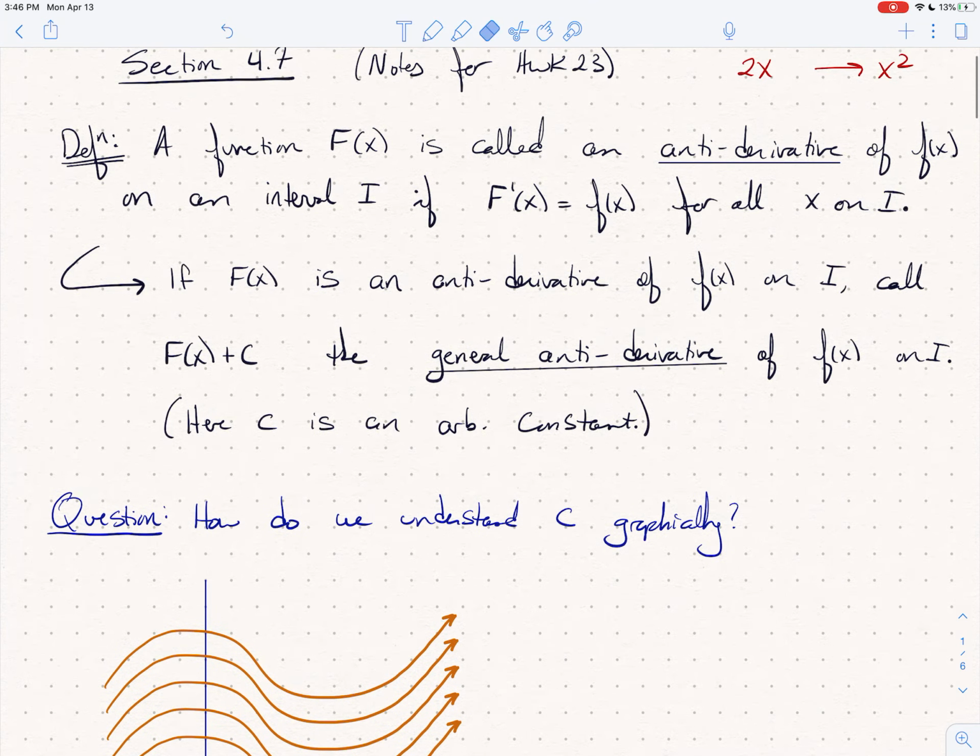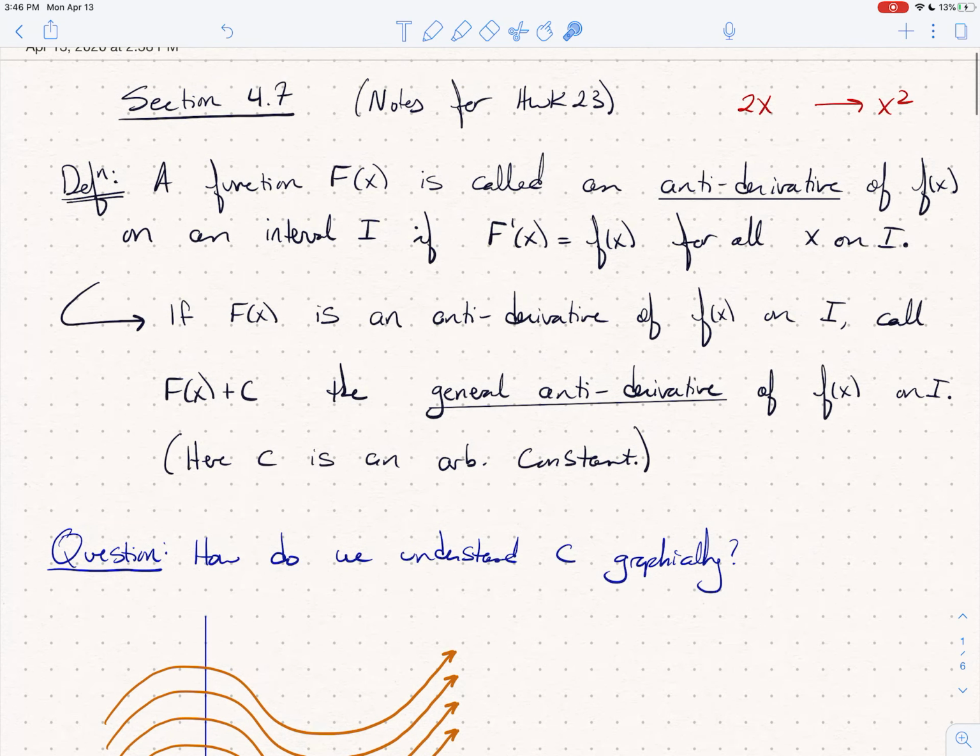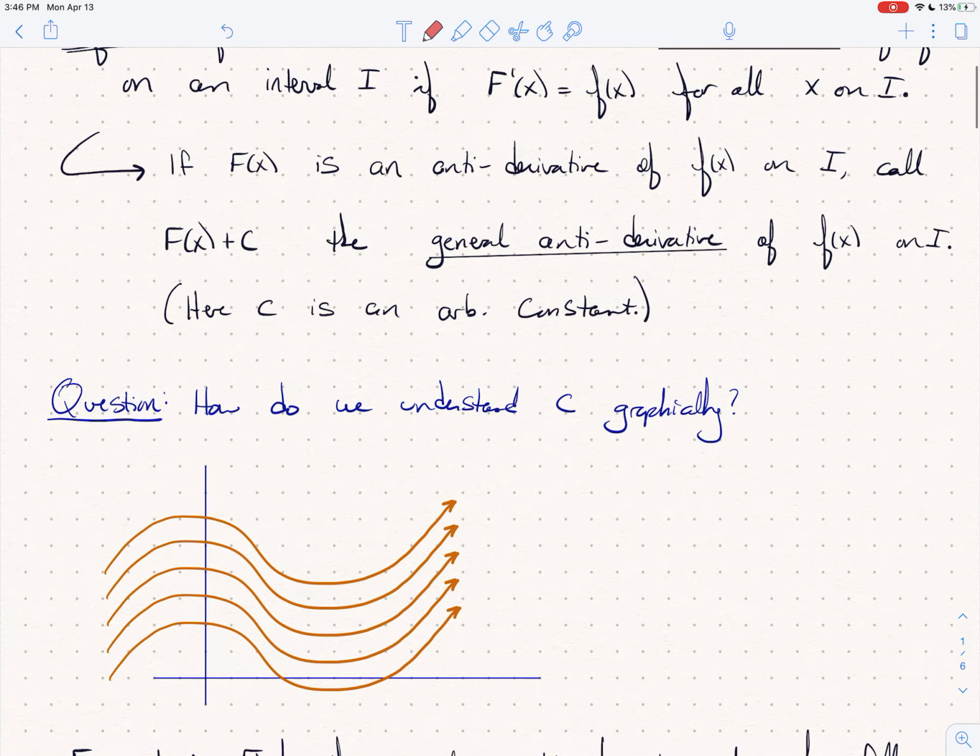What I want you to realize is that if we ask for an antiderivative, it is a function. An antiderivative of 2x is x squared. If I ask for a general antiderivative, then it's not just a function anymore, it's a family of functions, because I get infinitely many functions: x squared plus 1, x squared plus pi, x squared minus a billion, x squared plus e.